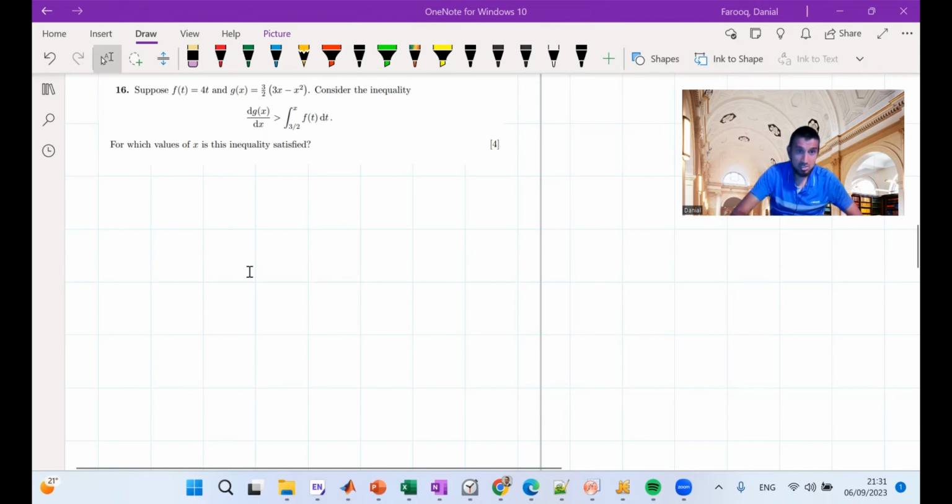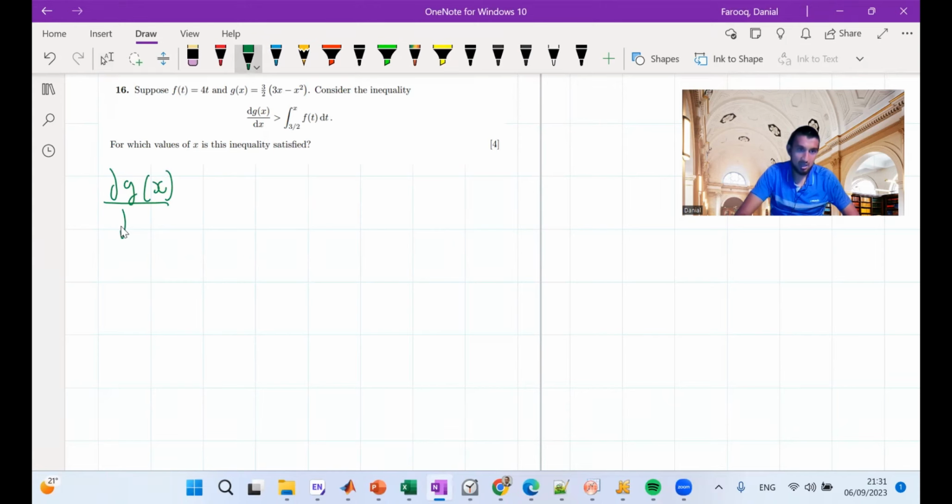So let's do dg(x) over dx first. So dg(x) over dx will be a d of x of that. So that would be 9 over 2x is that first term. So we can expand the brackets there. So that would be equal to 9 over 2x minus 3 over 2x squared, okay?